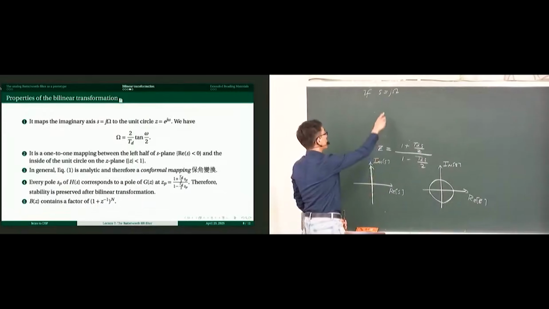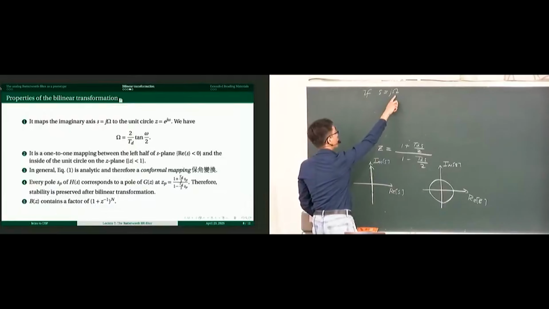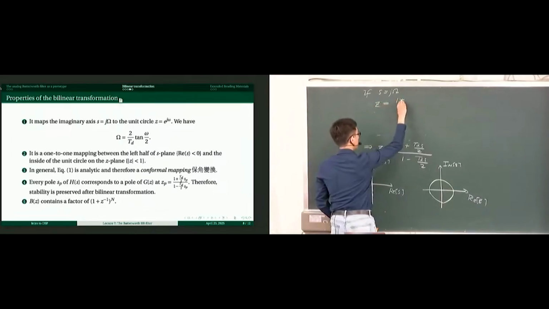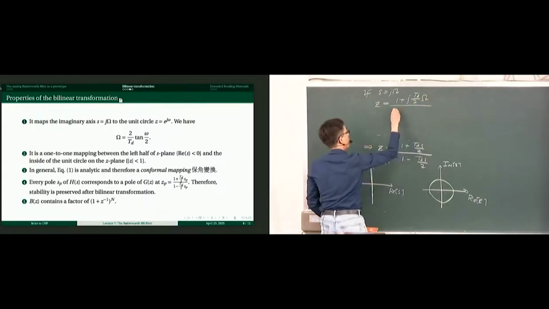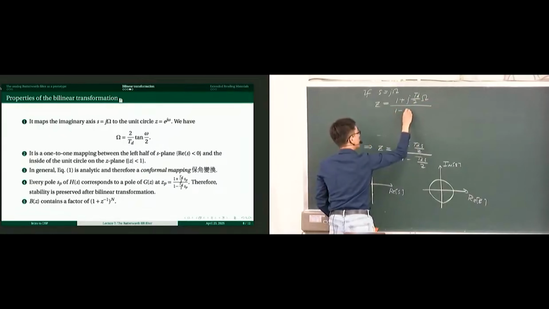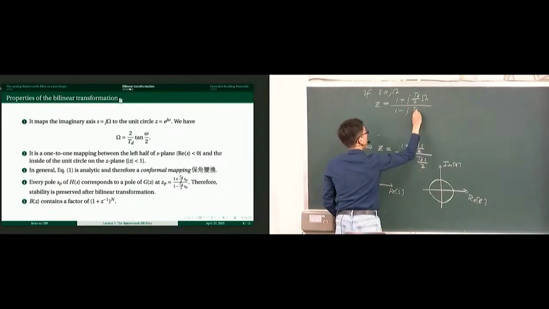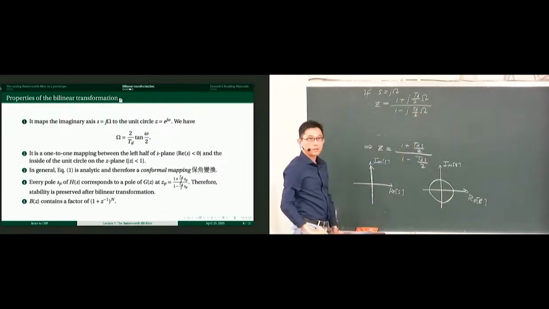We just substitute S with j omega, then here we get Z equals (1 plus j T_d over 2 times big omega) divided by (1 minus j T_d over 2 times omega).